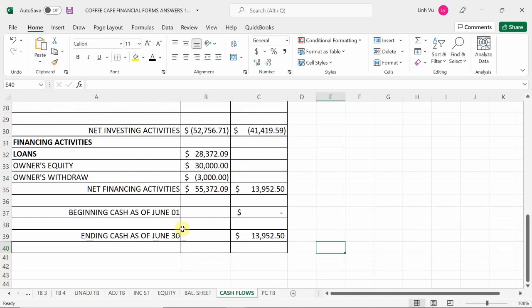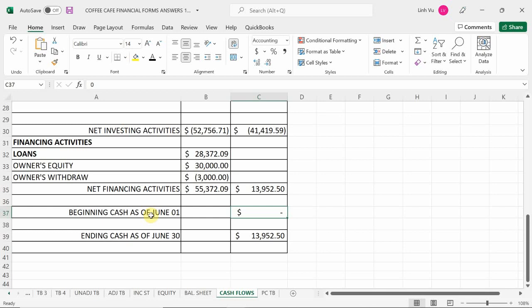Okay. And remember, once you get your net operating, investing, and net financing, the purpose of this is to see how much money you started with in your bank account as of June 1st. Well, we didn't open our bank account, so we had 0.